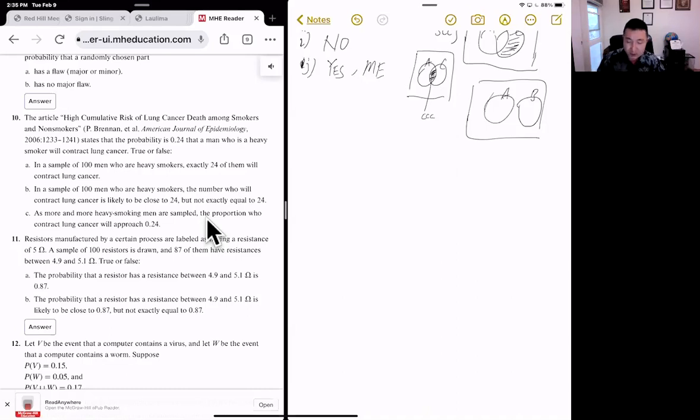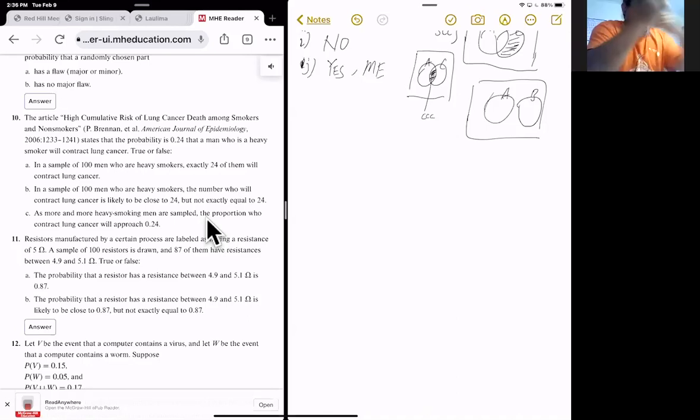If we take a sample of 100 men, the number will be close to 24, but may not be exactly the same. So saying exactly 24 is not correct. False.